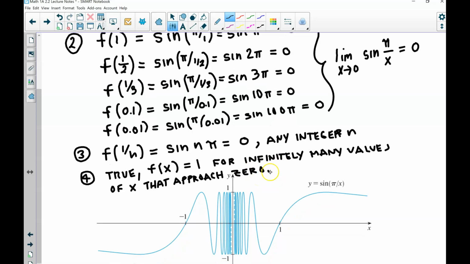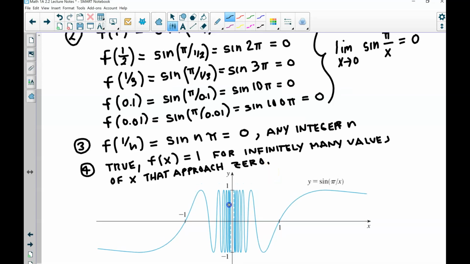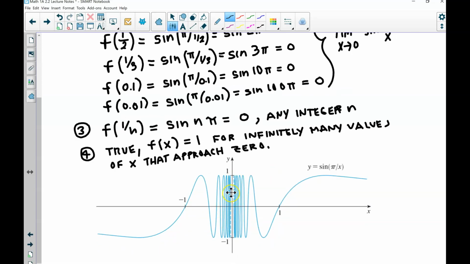Okay, so when we look at this graph here, you can see that it's oscillating. As it's approaching here and here, you can see that it's approaching the value of 1. So the dashed lines near the y-axis indicate that the values of sine of pi over x oscillate between -1 and 1 infinitely often as x approaches 0.